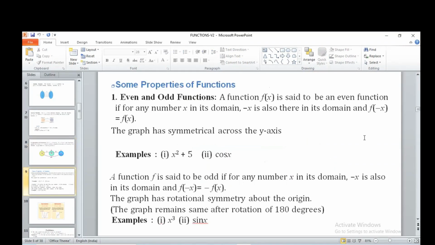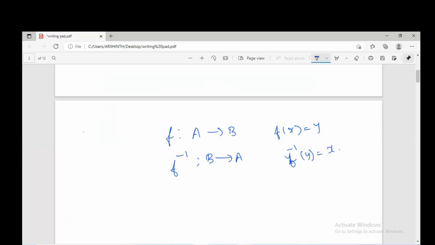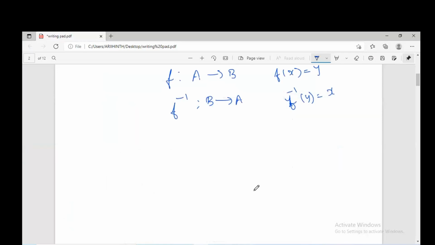Even odd function. I think you have seen even and odd functions during your first and second semester. You have used them in many places.